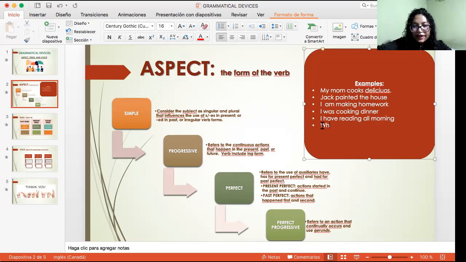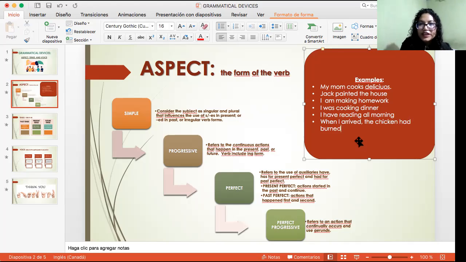For example, when I arrived, the chicken had burned. So the first action that happened in the past is the chicken had burned. And then I arrived.